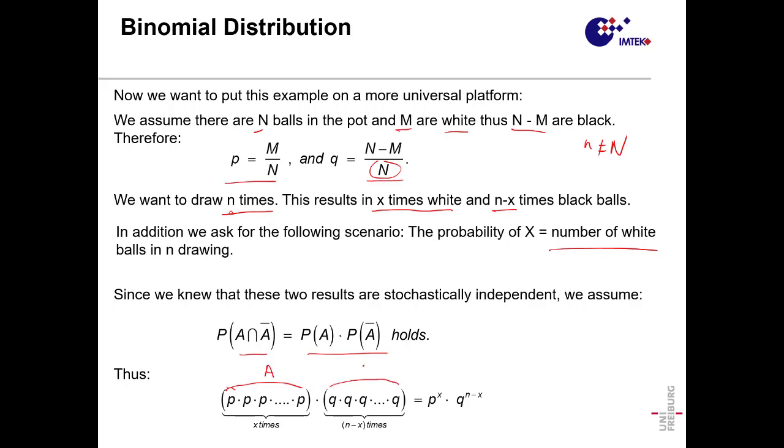And then n minus x times you will get not A, not a white, right? And if you put it together, the first bracket will be p to the x, and then the other will be q to the n minus x. Because remember, p is the probability of getting the white, and q is the probability of not getting a white, right? So that is that.